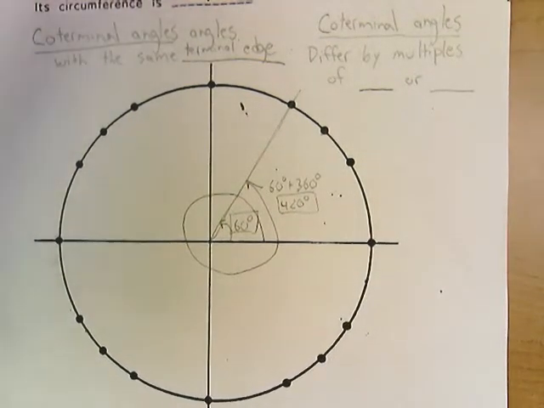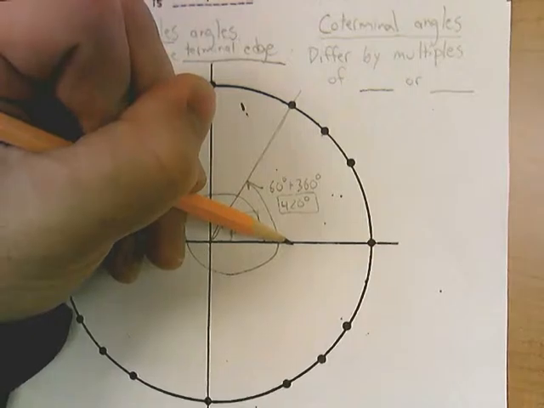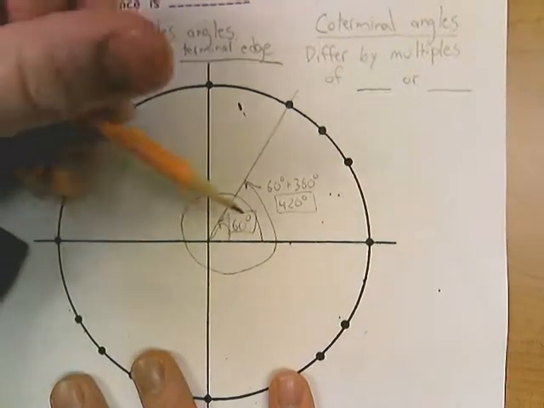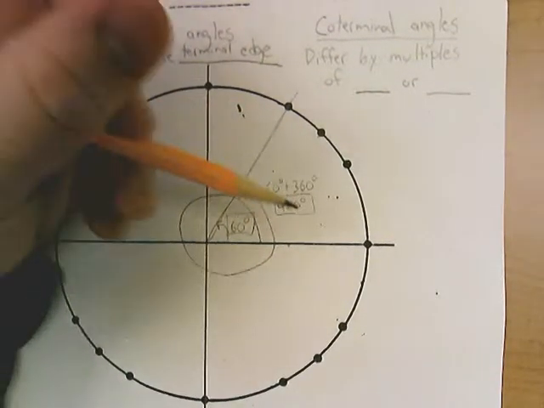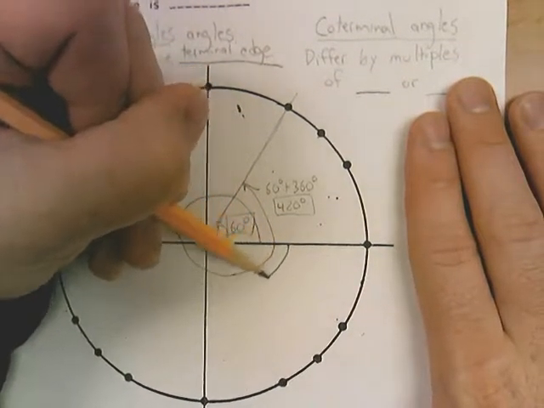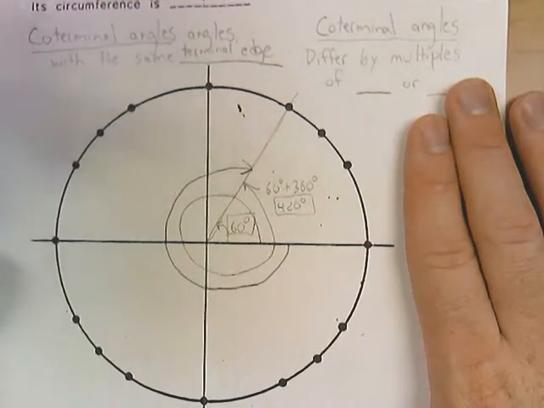In fact, you could find an infinite number of coterminal angles to any given angle just by adding 360 or subtracting it repeatedly. To give you an example of this, instead of an angle that was 60 and 360 more, I could start by rotating the opposite direction, the negative direction, until I arrive at that same terminal edge.